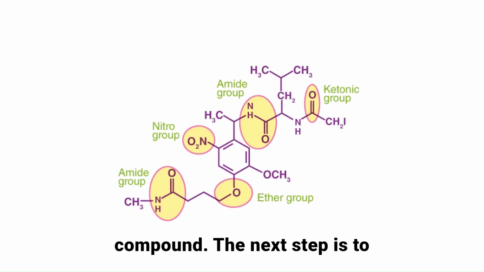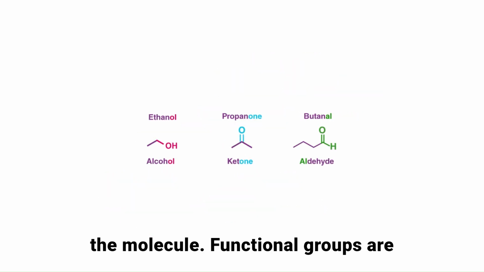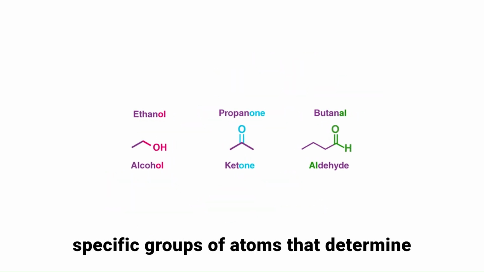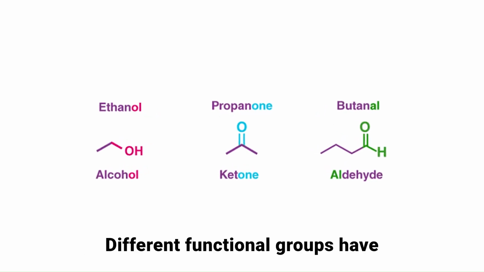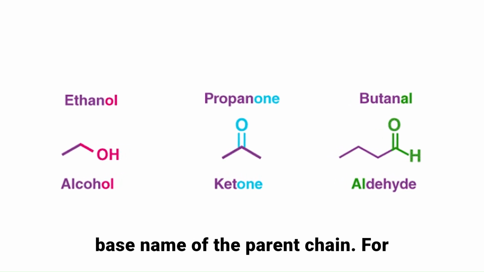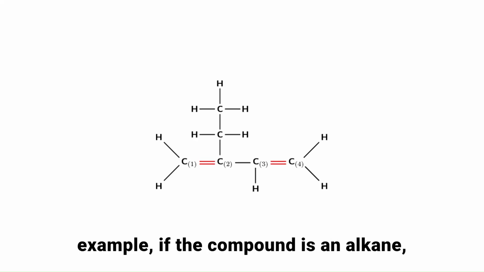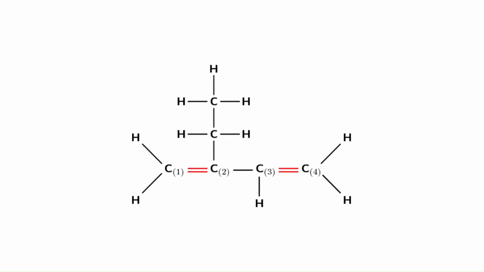The next step is to identify the functional groups present in the molecule. Functional groups are specific groups of atoms that determine the chemical behavior of a compound. Different functional groups have different suffixes that are added to the base name of the parent chain. For example, if the compound is an alkane, the suffix ane is added.